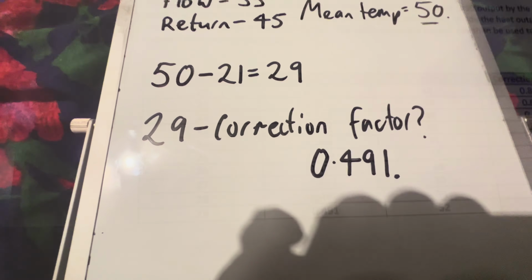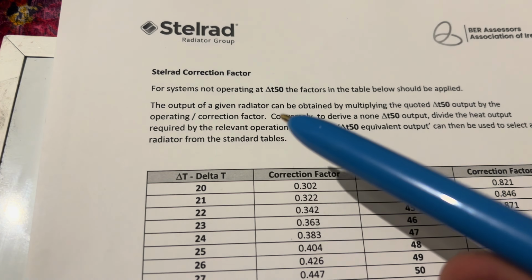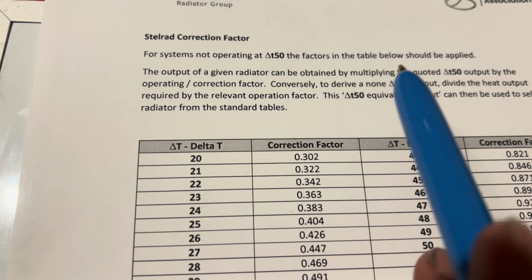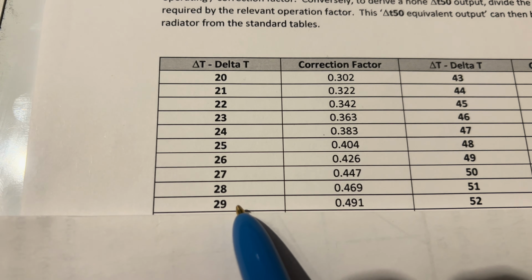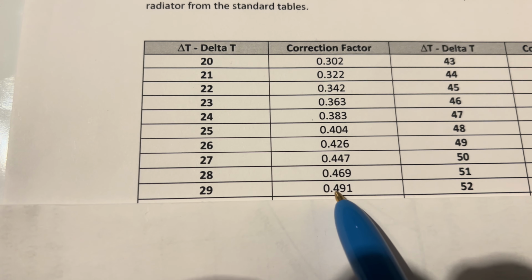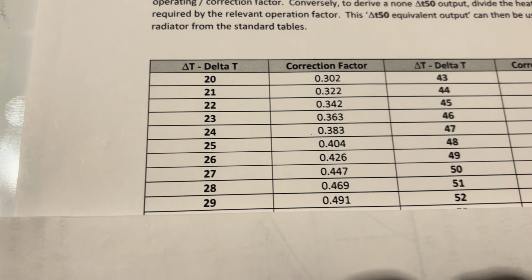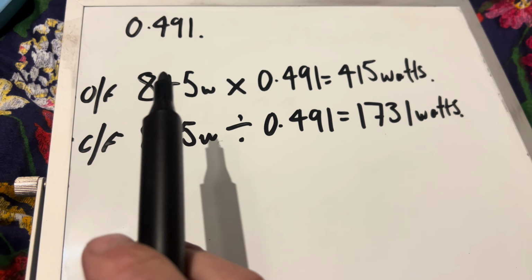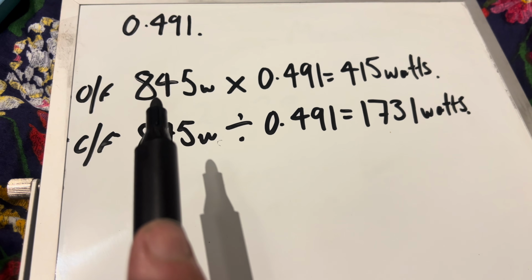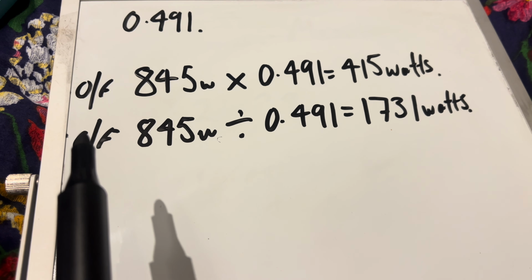0.491. So here we have the Stelrad correction factor chart, because the radiators are designed for heating system giving a flow of 75. Here we have the delta T 29, so the correction factor is 0.491. So, next stage, the correction factor. This can give us the current operating factor, how much heat the current radiator will give out.